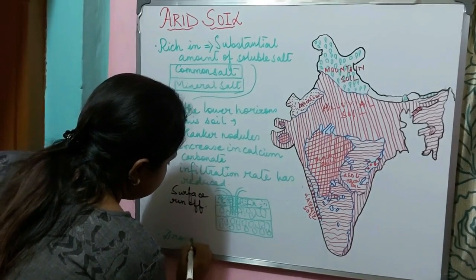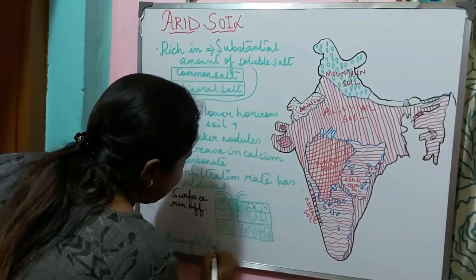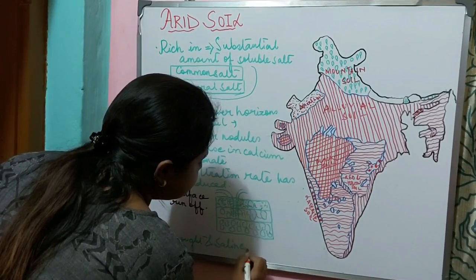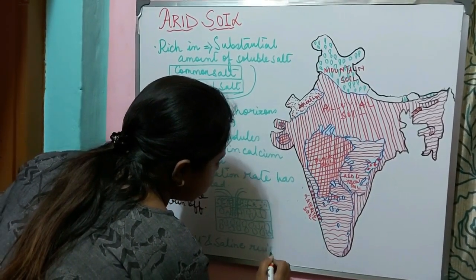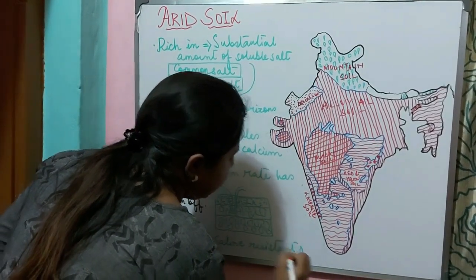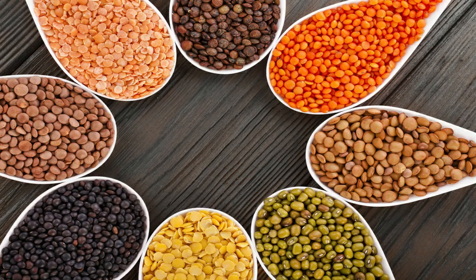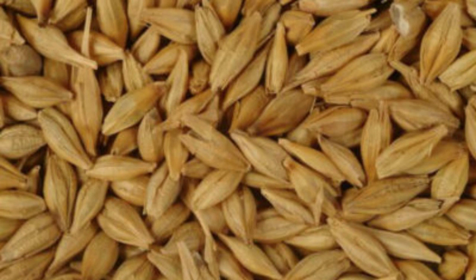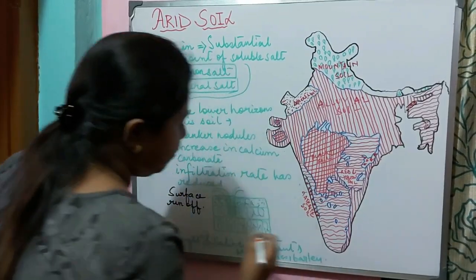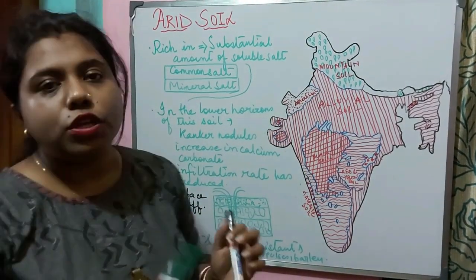Drought and saline resistant crops, that means those which can resist the salt, like maize, pulses, barley. All this can be grown in this type of soil.